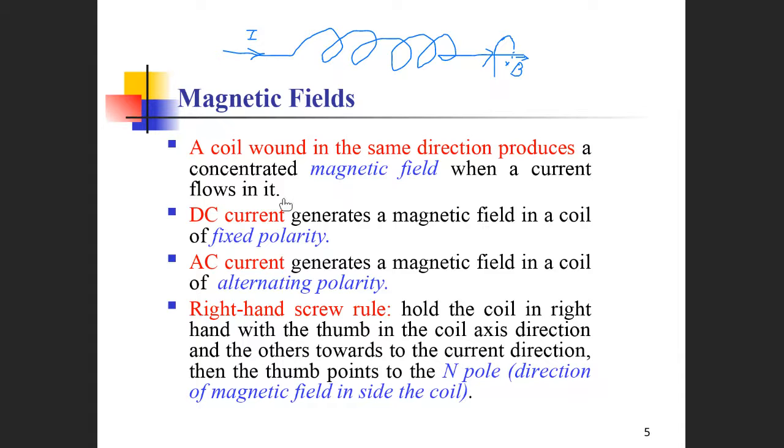When a current flows in it, because the magnetic field is perpendicular to the current. If you have a coil horizontally, like this, then you have a magnetic field inside like this.